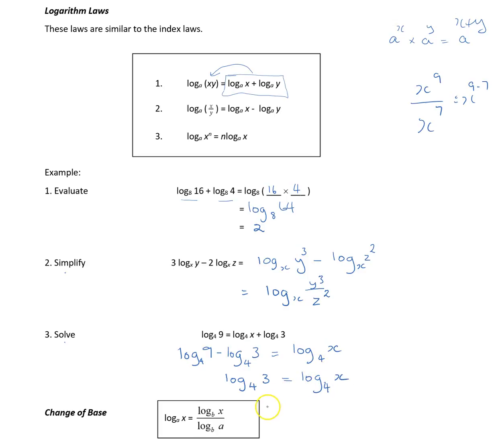Now, another solving technique is if we set up an equation and the left-hand side is in the identical format to the right-hand side, then we know components of the expression must also be equal. So we're taking log to base 4 of both sides, and I can conclude that x must be equal to 3. So there are some different applications of the log laws.